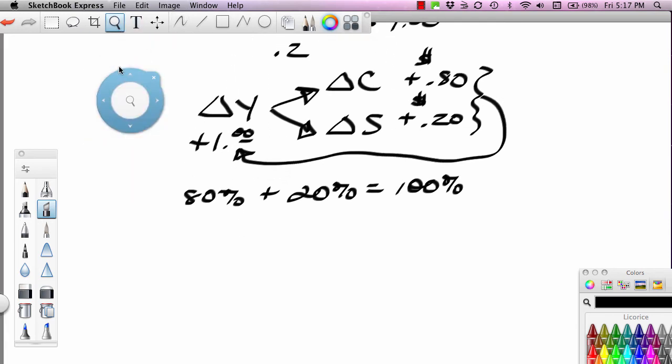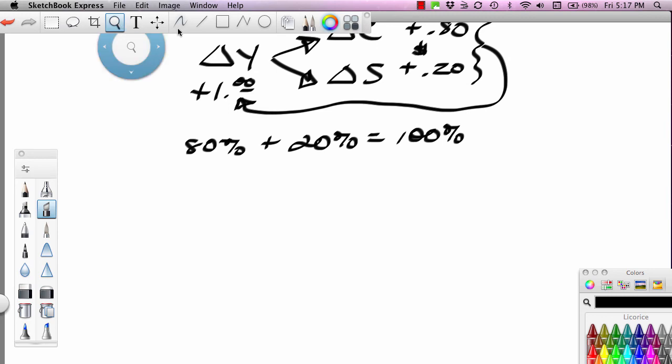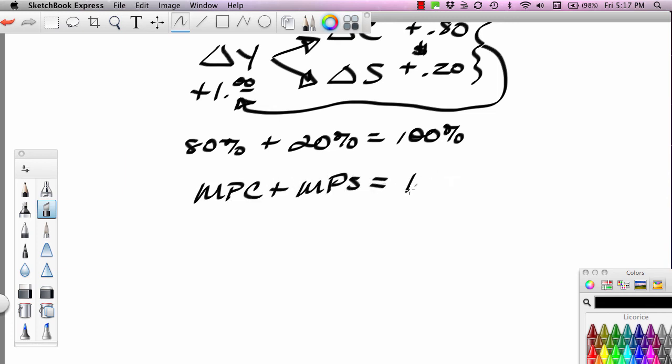Later on in our studies of macroeconomics, we'll rearrange this formula. We'll take MPC plus MPS equals 1, and we'll convert it into this formula: 1 minus MPC equals MPS.